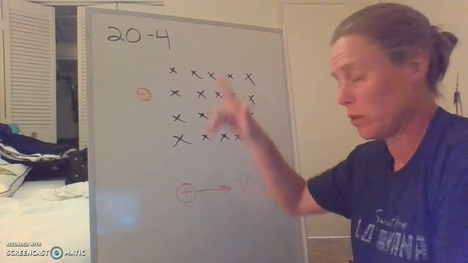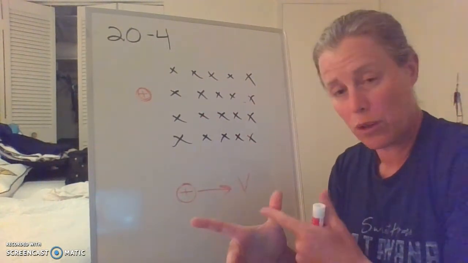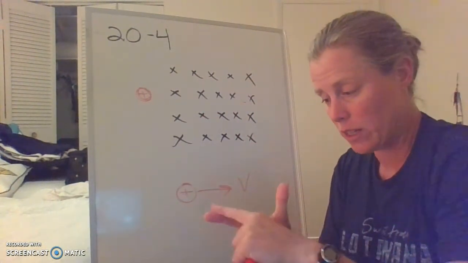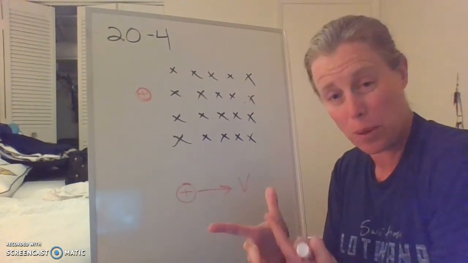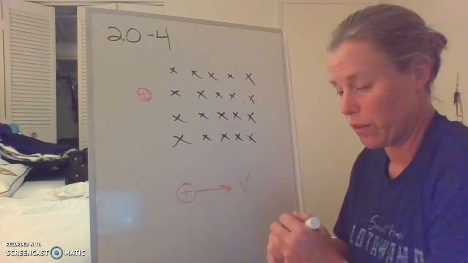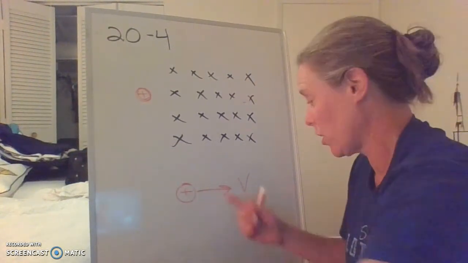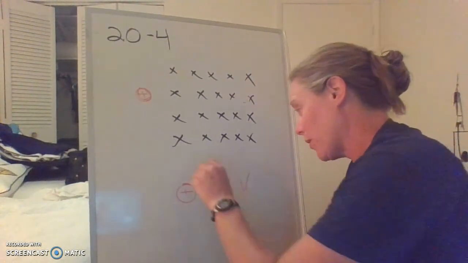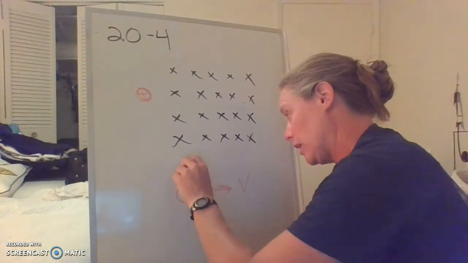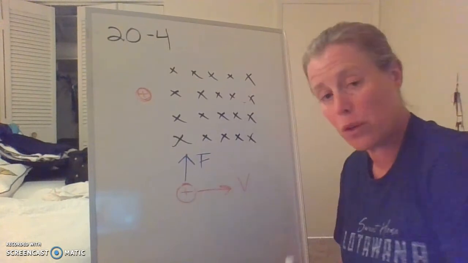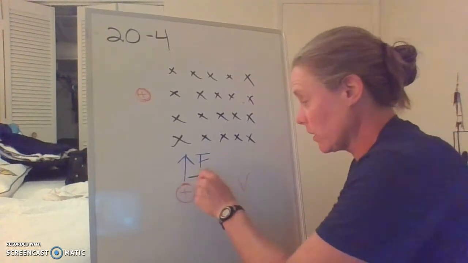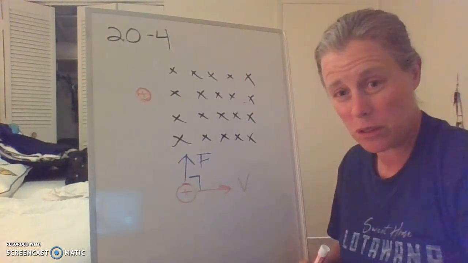I guess it's into the page here. But the velocity and the force itself are perpendicular to each other. So if I have a charge that's going at a certain velocity or speed, and it experiences a force that's perpendicular to it, I'm going to get circular motion, okay?